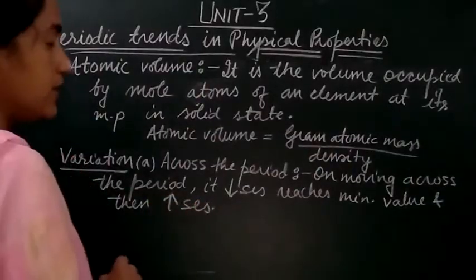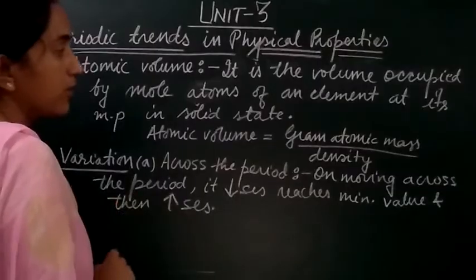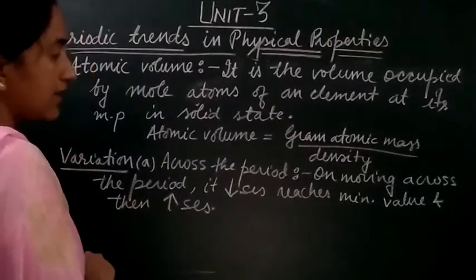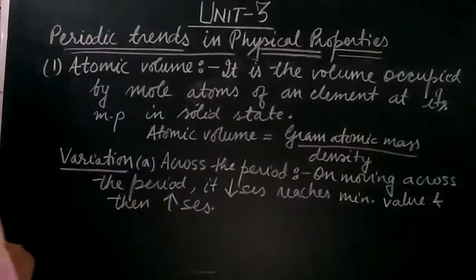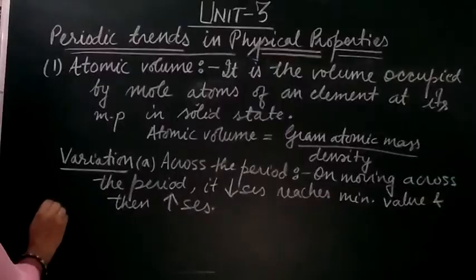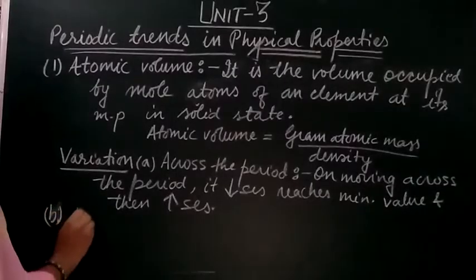So students, if it is so, then whose atomic volume is going to be maximum? It will be that of the alkali metal in the respective period. Second is down the group.